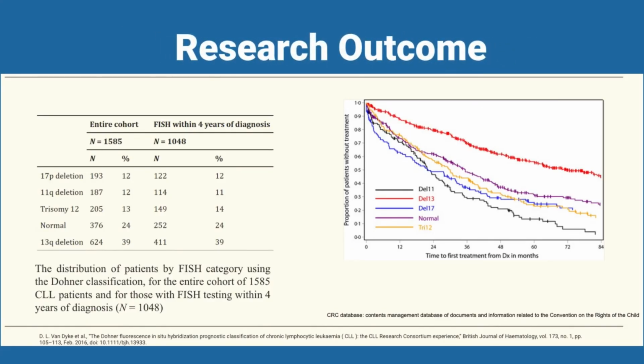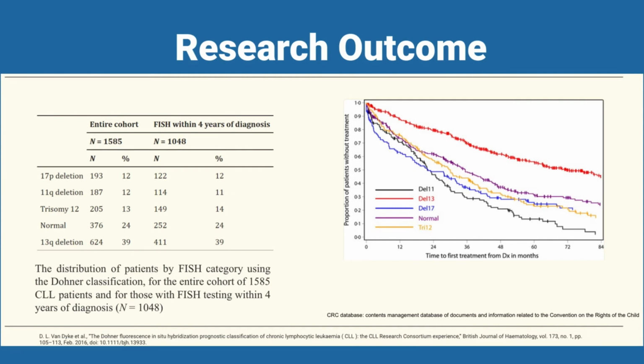According to the research, we're observing the 1,585 CLL patients in the CRC database over years, in which time to first treatment was measured from date of diagnosis to initial time of first treatment. The CRC centers that provided 1,585 CLL patients used standardized FISH panels to make results.